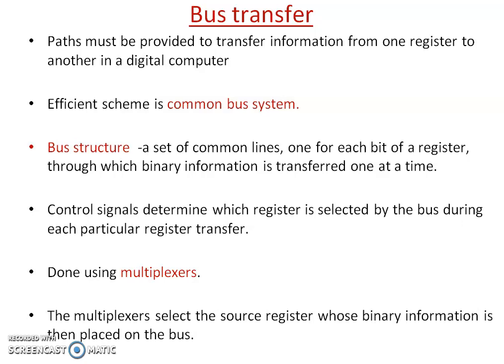Then control signals determine which register is selected by the bus during each particular register transfer, and that can be accomplished with the help of multiplexers. So the multiplexer, as we have seen earlier, helps in selecting the source register and places the content of the source register on the bus.